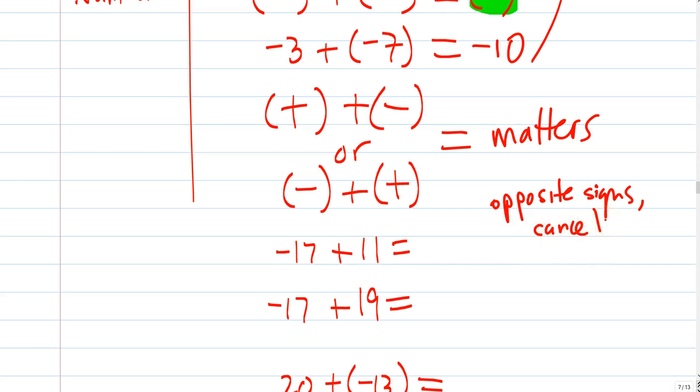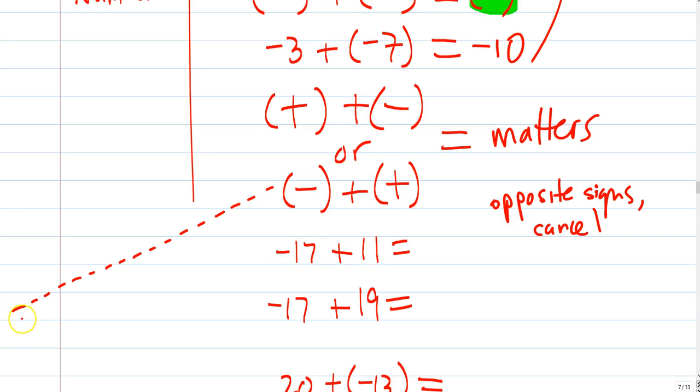And I'll kind of show you a visual for this to help you understand it. But if I had 17 negatives and I put in 11 positives, and I'm going to draw this out. If I had 1, 2, 3, 4, 5, 6, 7, 8, 9, 10, 11, 12, 13, 14, 15, 16, what was it? 17 negatives.